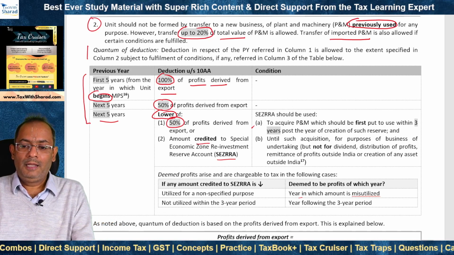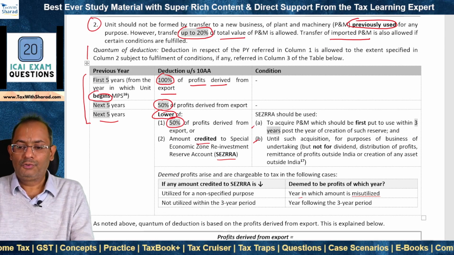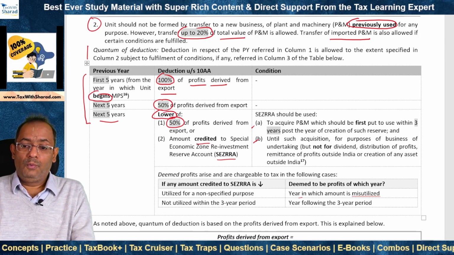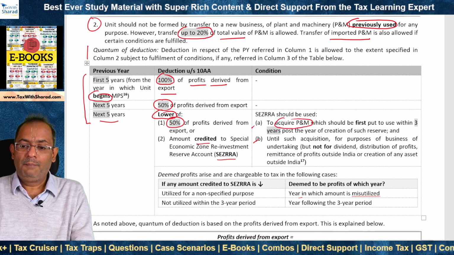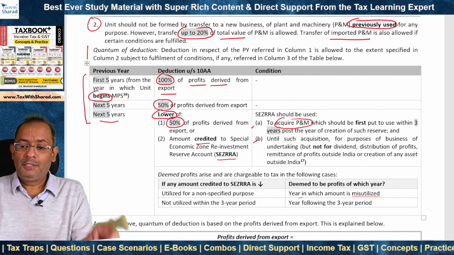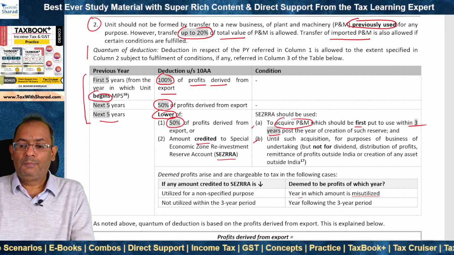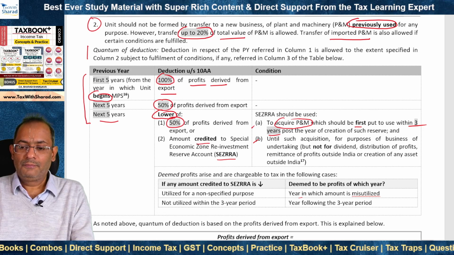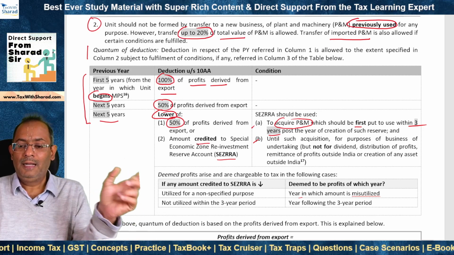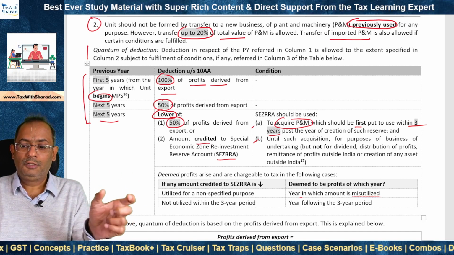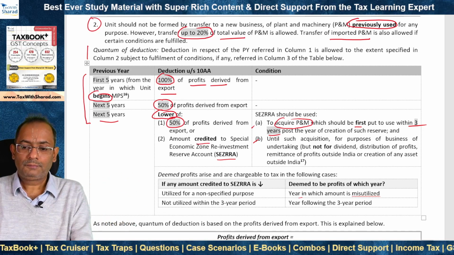Now SEZ RRA should be used for two specific use cases. One, to acquire plant and machinery, and this should be first put to use within a period of 3 years post the year of creation of such reserve. So in the year in which the reserve is created, 3 years after that is the timeline for acquisition of plant and machinery and for putting it first to use.